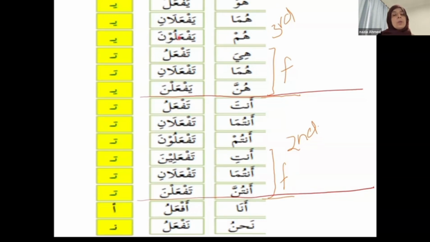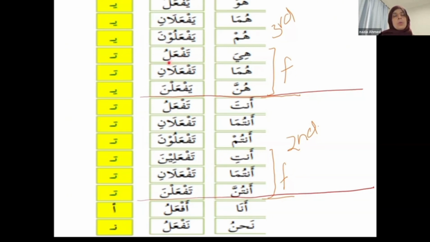Because if we write down ya again, there won't be any difference between this one and this one. Isn't it? Yaf'alu, yaf'alu. There won't be any difference. So they have to put ta here to show this is feminine.